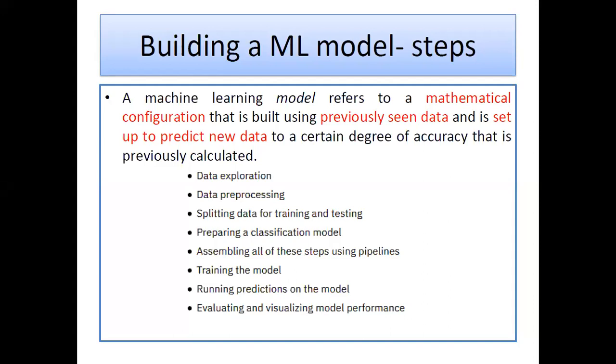The machine learns from previously seen data. You apply a mathematical configuration, or algorithms or models, and when you give some new input, you can predict what it is going to do. So these are the steps: data exploration, data pre-processing, splitting data for training and testing, preparing a classification model, assembling all of these steps using pipelines, training the model, running predictions on the model, and evaluation.